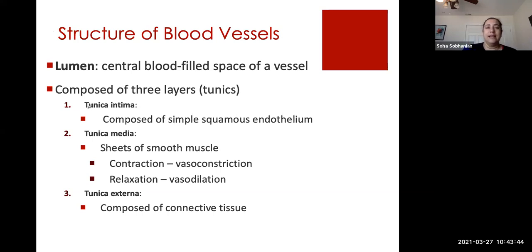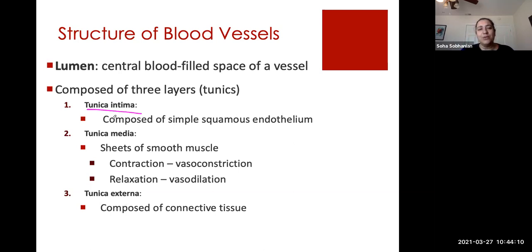Now, these 3 layers are tunica intima, and again, tunica just simply means layer, tunica media, and tunica externa. Guys, if you just look at the names, you should be able to say where they're located, right? Intima, like intimate, so it's going to be inside. Tunica media is the middle. And then tunica externa would be the outside.